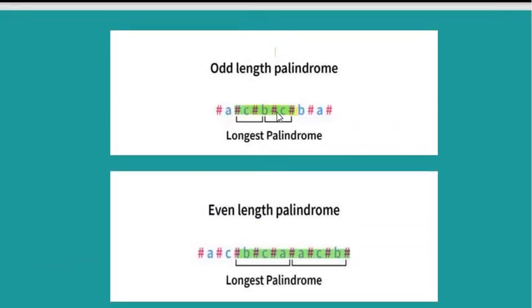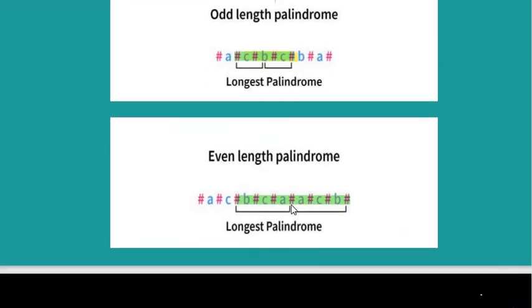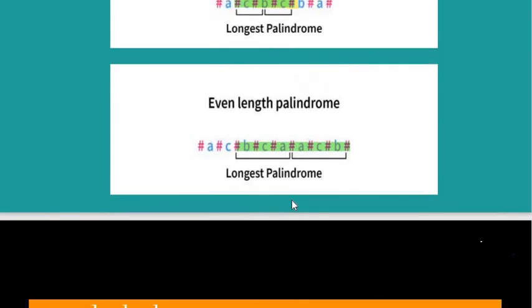In the given string, we first convert the string by using a special character, you can use any character. Here I am using hash as the character. So the longest palindrome is odd, because after removing the hash we get a palindrome of length 3 and the middle character is the string character. But in case of an even length palindrome, the middle character is the hash character.